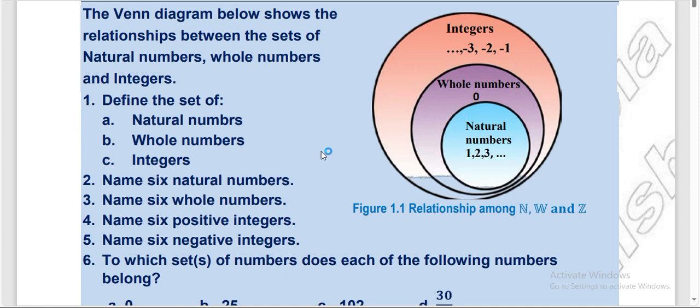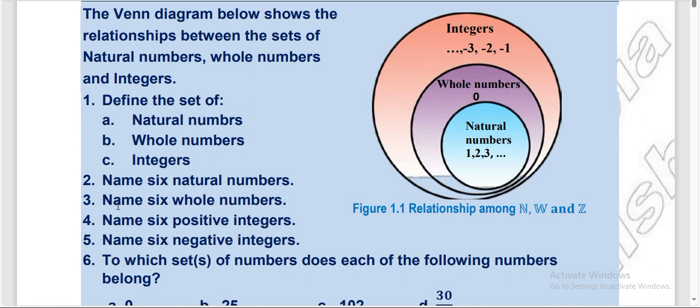Here we can give natural numbers as examples, starting from 1 up to 6, or 10 up to 12, 10 up to 16, 20 up to 26, or 100 to 106. These are the positive parts of the integers, known as natural numbers.